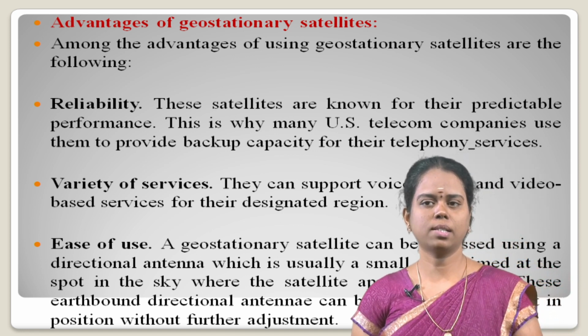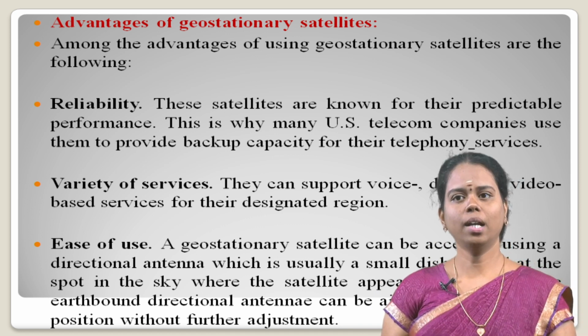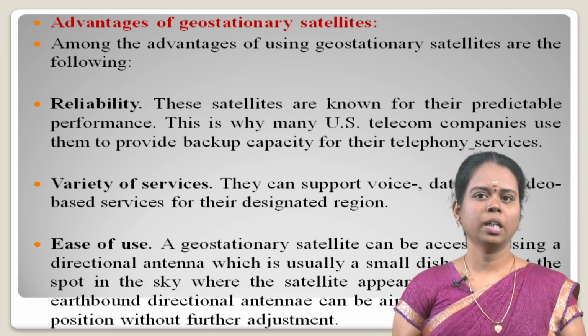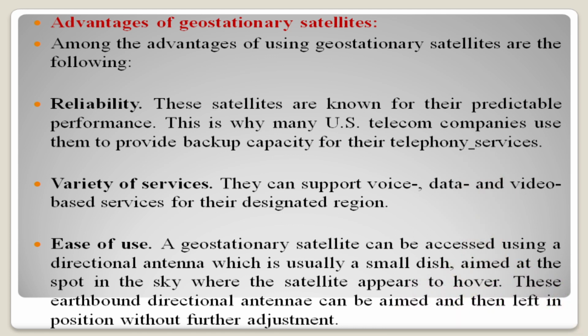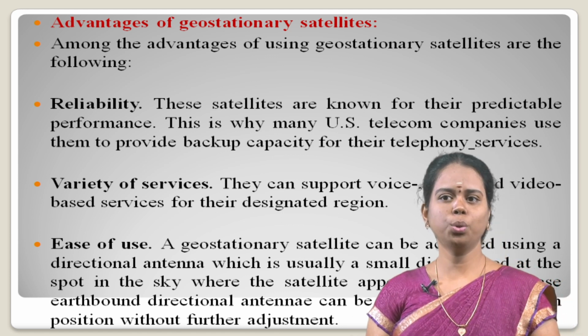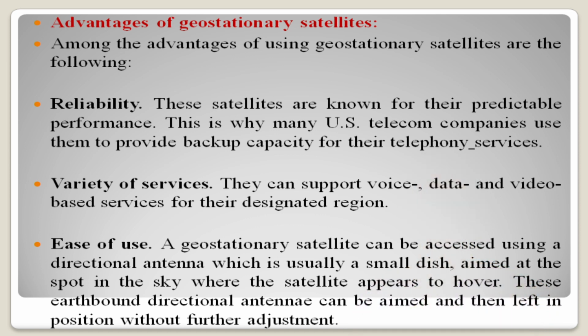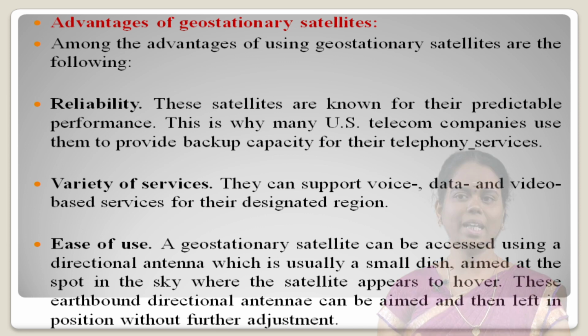Variety of services: they can support voice, data and video based services for their designated region. Ease of use: the geostationary satellite can be accessed using a directional antenna, which uses a small dish aimed at a spot in the sky where the satellite appears to hover.